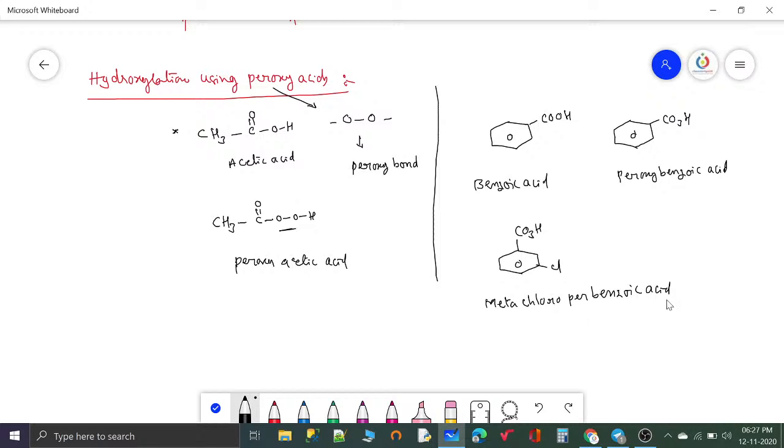Instead of writing peroxybenzoic acid, the shortcut is perbenzoic acid. In shortcut we write MCPBA. The meta position is always represented with a small letter m, the rest are capital letters, CPBA. MCPBA is metachloroperbenzoic acid.